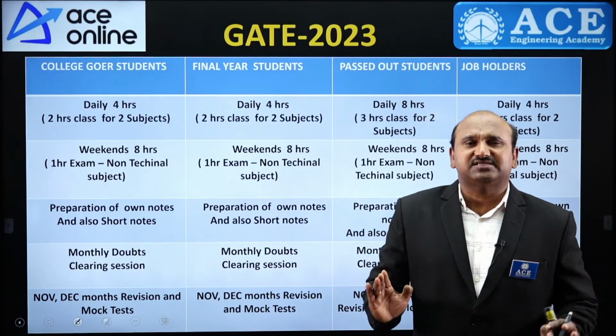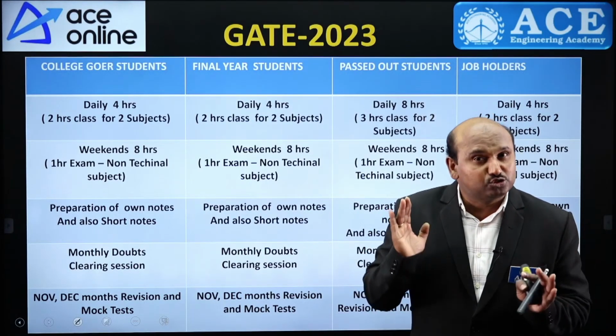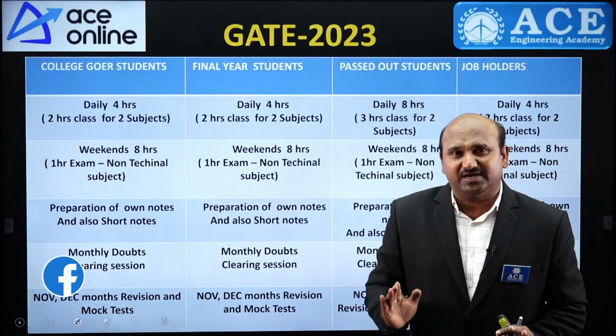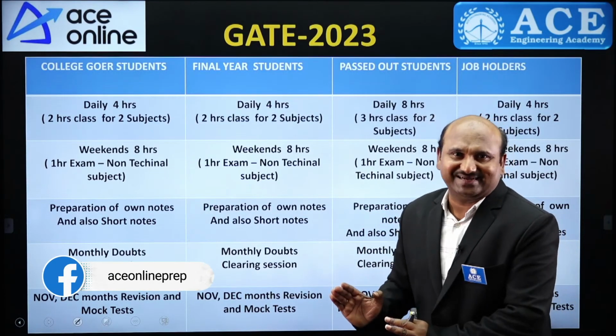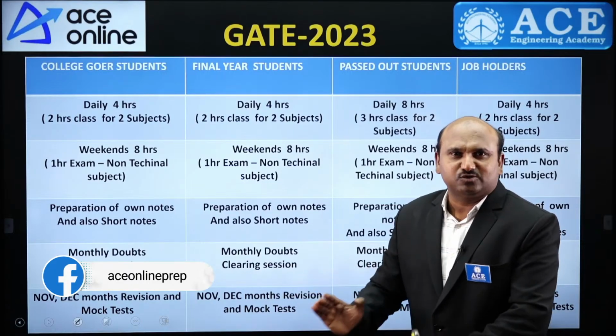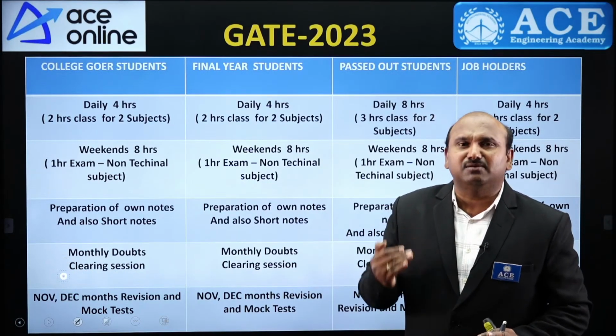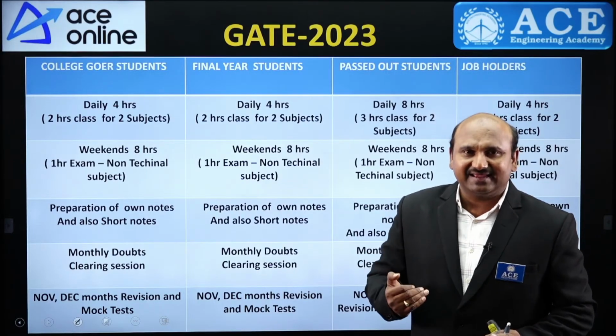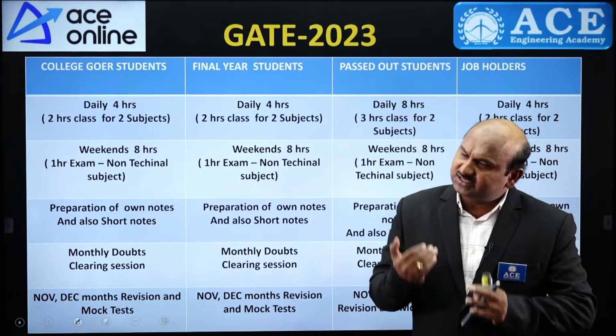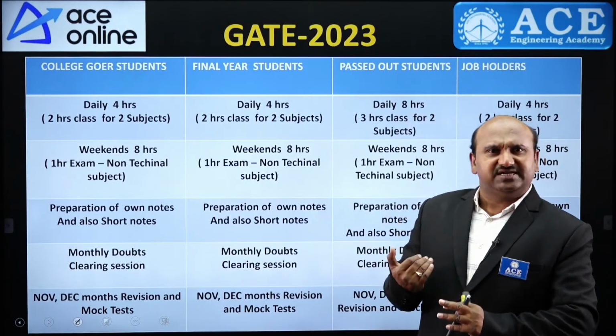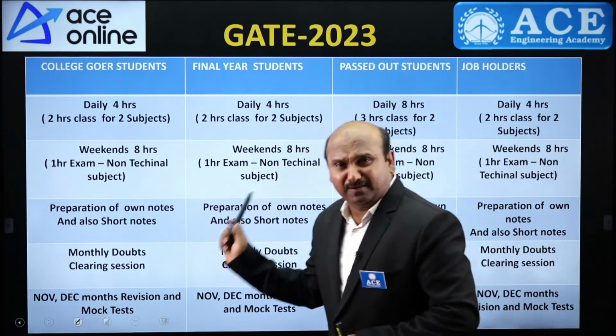For those 3 subjects, you should clear your doubts with the faculty. Don't put the doubts in a basket. 1 basket, 2 baskets, definitely it will increase. So try to minimize the number of doubts by clearing them. Weekly is also very important, and weekly is acceptable. And monthly is compulsory.